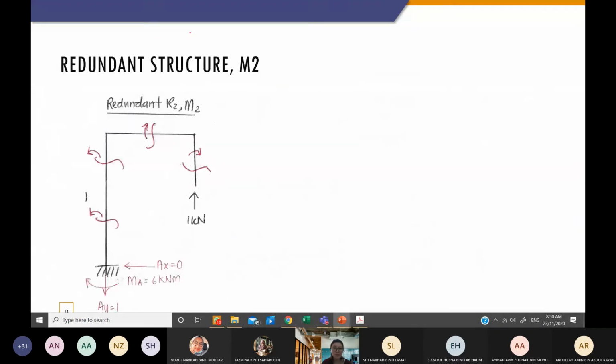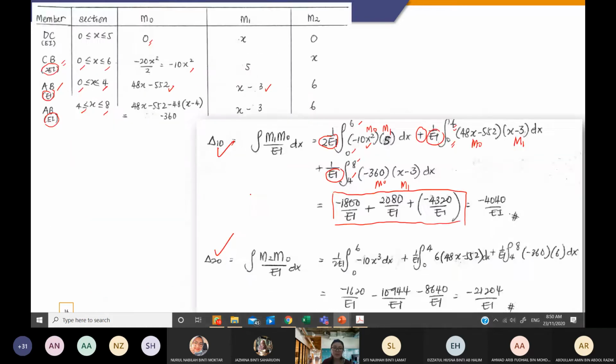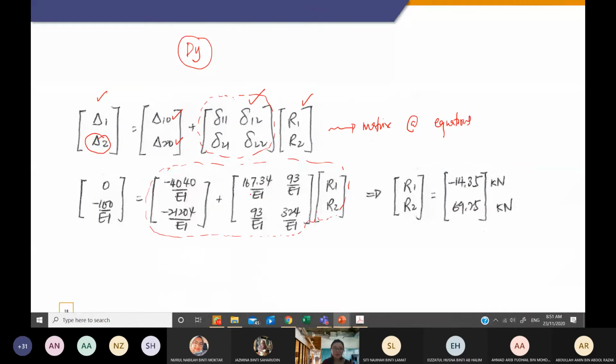Okay, M2 is the dy, subjected to the dy redundant structure. So you need to refer to this direction. This is upward. Okay, so dy in M2 is upward.